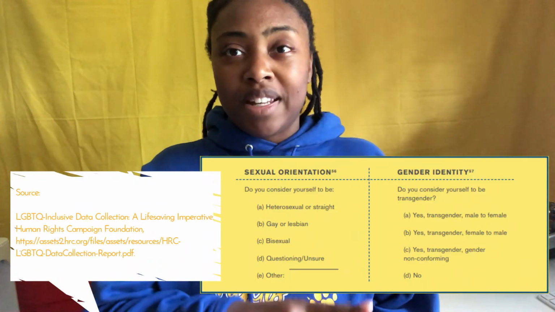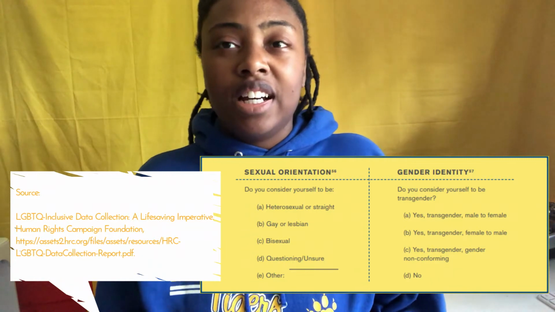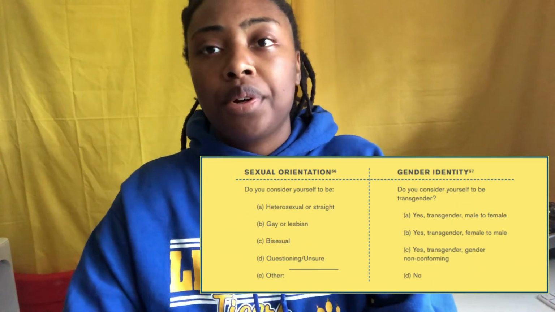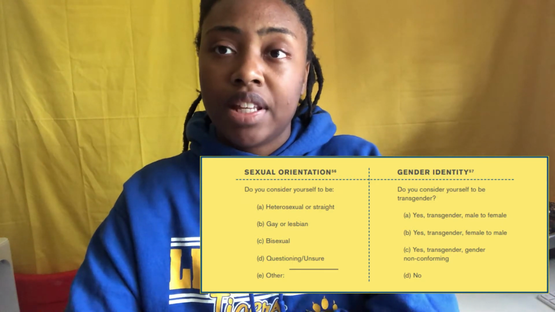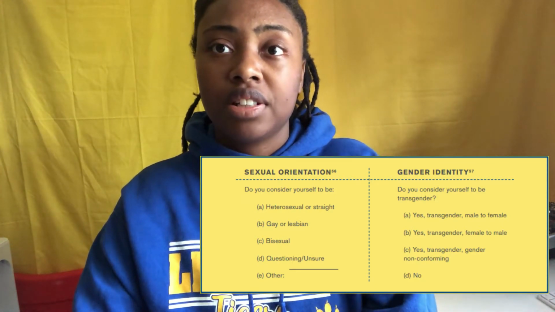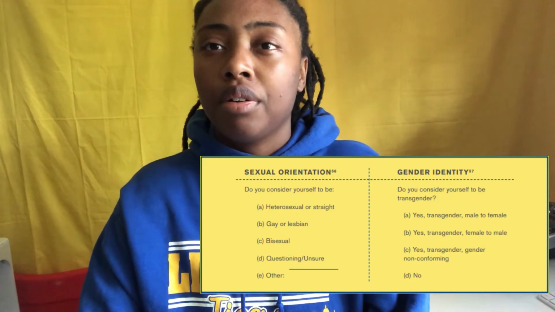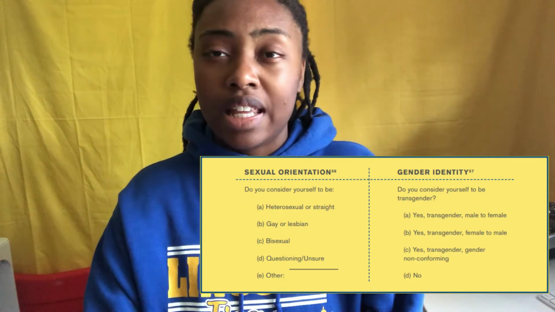There's actually a lot of advocacy going on right now for gender inclusive data collection. And so I'm going to put what is recommended over here. But what I found through my reading was that collecting data on gender is actually more beneficial than collecting data on sex.